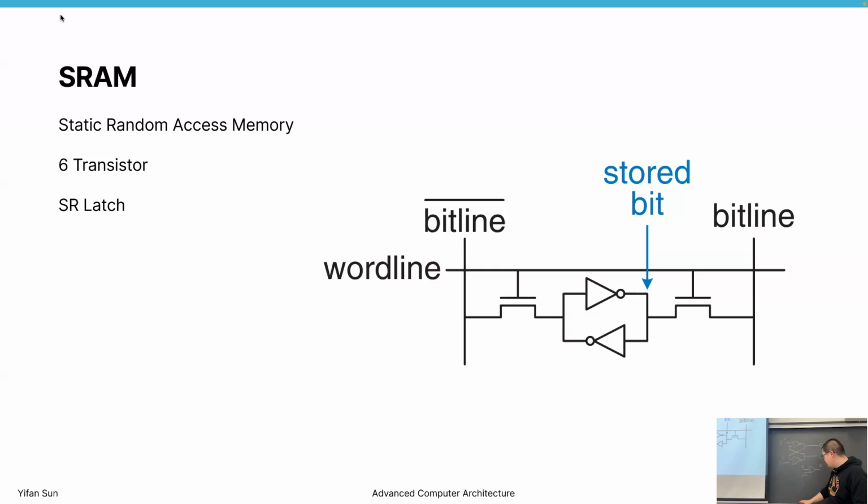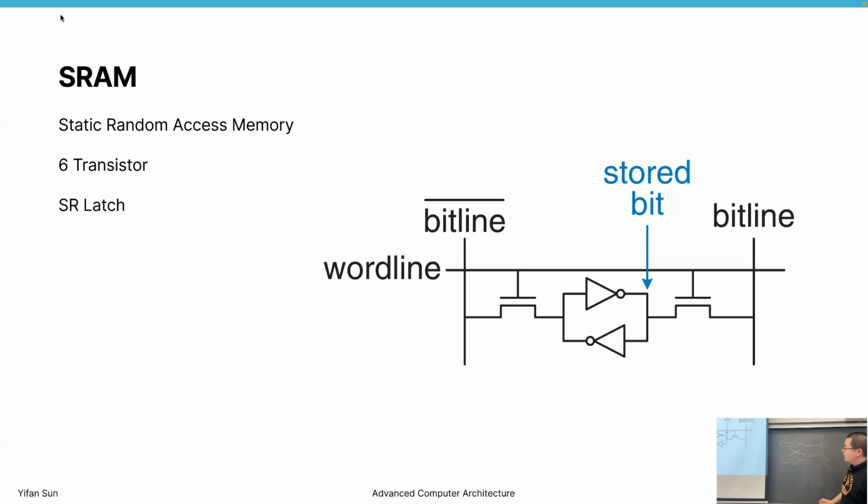We write this output as O. If S is 0, O will always equal Q. This is an OR gate. When Q is 1, O is 1. When Q is 0, O is 0, right?